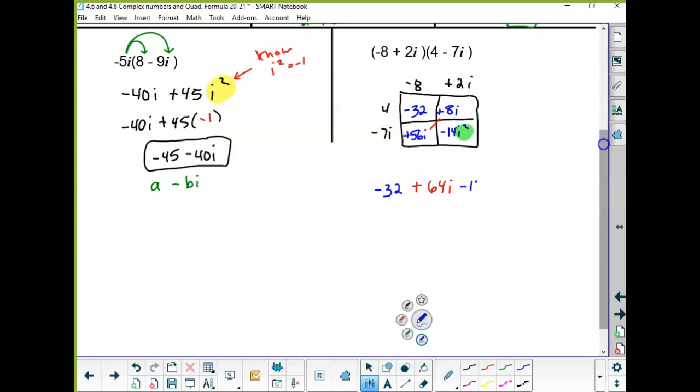But then as Cam said, can't I just take this fact that we know this has to be equal to negative 1? And I'm showing way too much work right now. But that's just so you guys can see where everything comes from. But I know that i squared is negative 1. And that's going to end up being a positive 14.